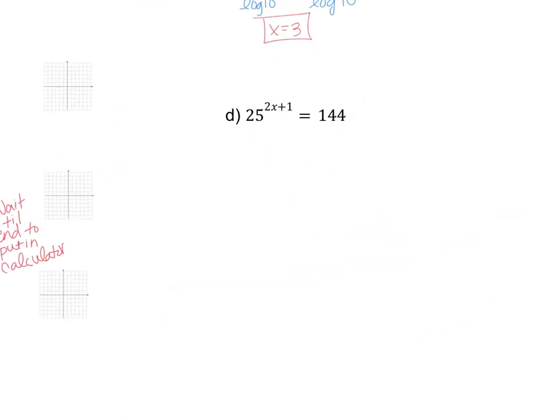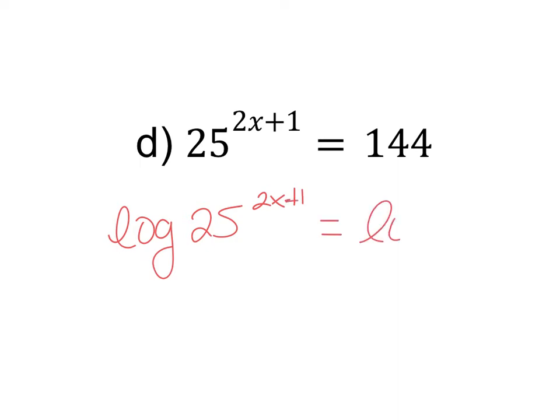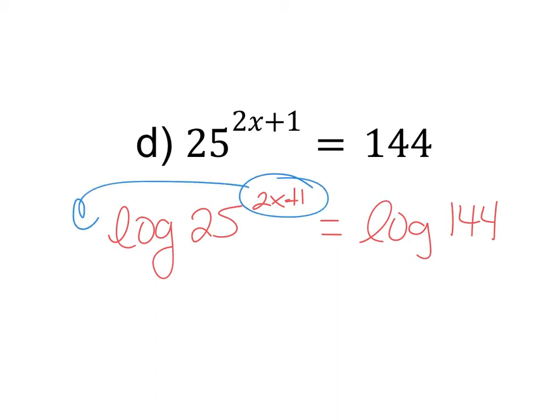Okay, last one of these. It's the same type of problem. If you want, pause the video, see if you can do it by yourself. It's a little different, but overall, I bet you might get it. Okay, so I can't change these to the same base, so I'm just going to take the log of both sides. Log of 25 to the 2x plus 1 equals the log of 144. Move your binomial exponent out to the front.